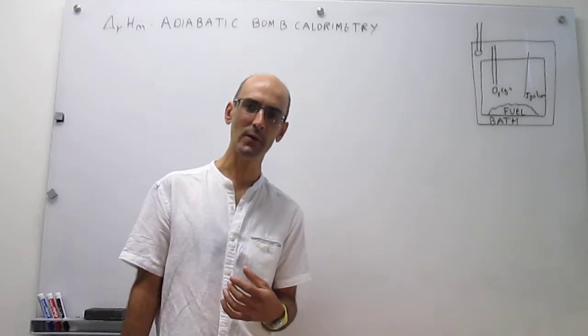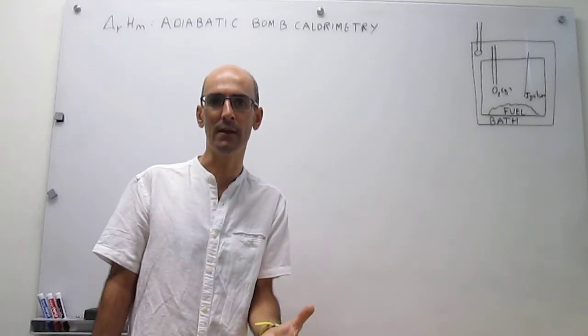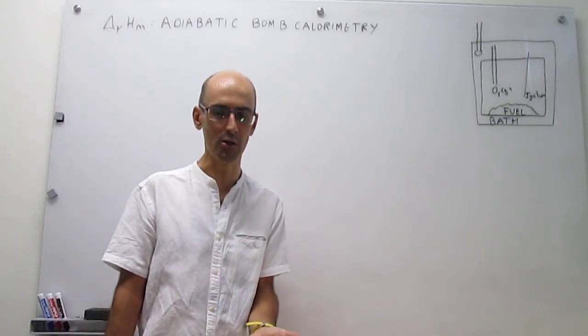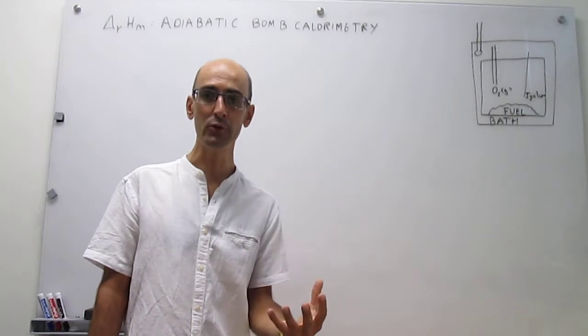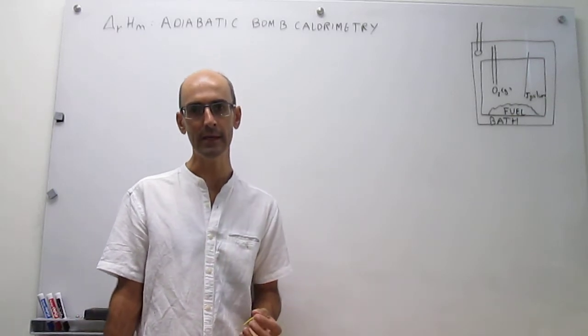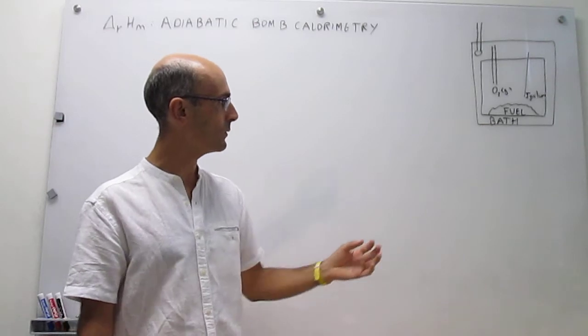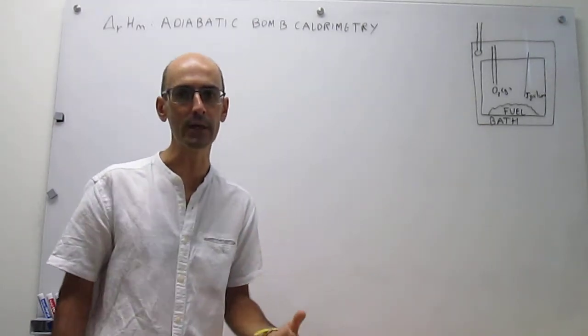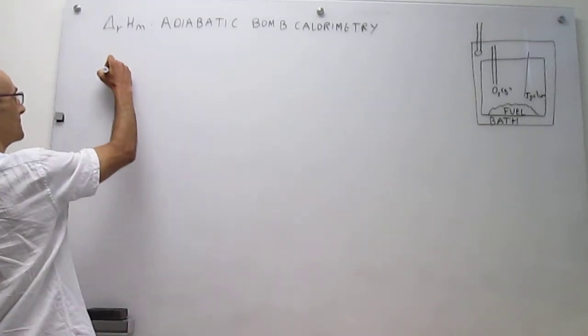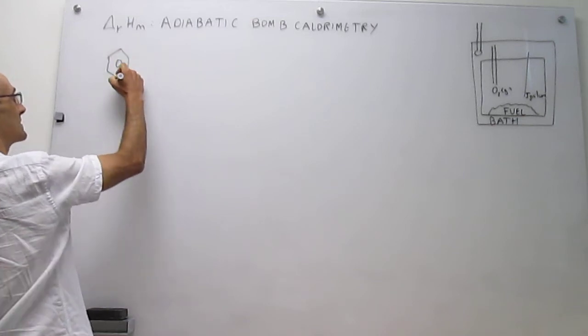Right, so to illustrate how that works, we're actually going to run an applied example. So this video will be a little longer than usual, but it will show you fully how to solve a problem in bomb calorimetry. Okay, so the fuel that we're going to be using is benzoic acid, which is this molecule, and has stoichiometry.